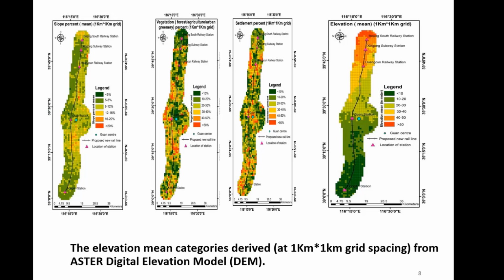As you can see here, those lines were drawn to determine the slope percentage, the vegetation, the elevation, and then the settlement percentage at the different levels. Okay, as you can see here, each and every point actually gives us different information.